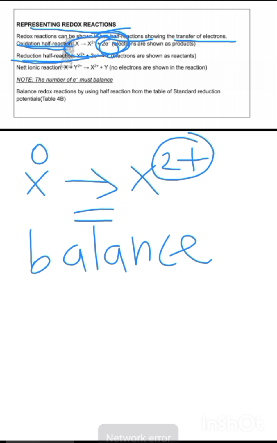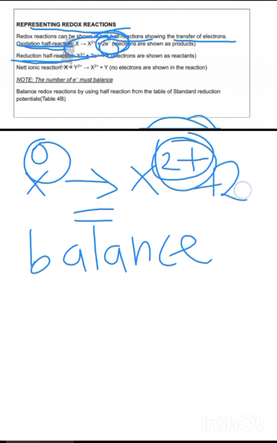Now the charge on this side is 2+, and on this side the charge is 0. So what are we supposed to do to make sure that the charge is equal on both sides? You can see, if you were to add 2 electrons on this side, your charge will be balanced. This is where the two electrons come from.